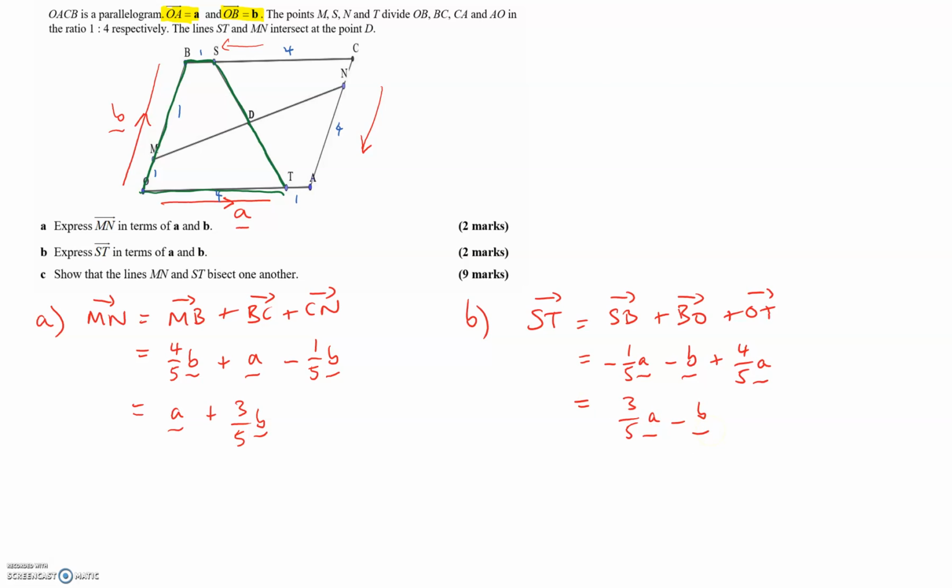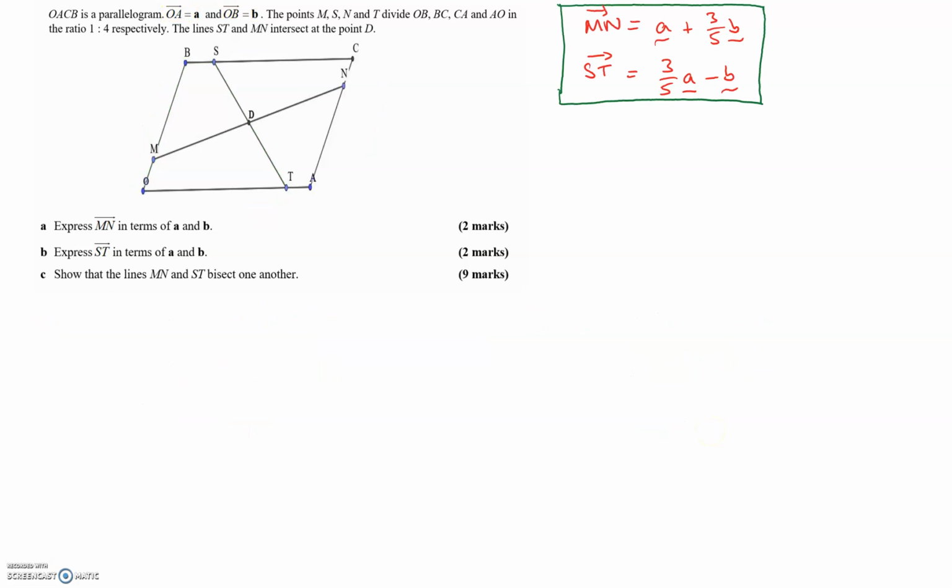That's part B. Part C is the bit that people find tricky, which is to show that the lines MN and ST bisect one another. What that means is that MD should be half of the distance of MN. So M to D should be a half of MN, and also SD must be a half of ST. We cannot assume this from the question because it asks us to show that they bisect each other.